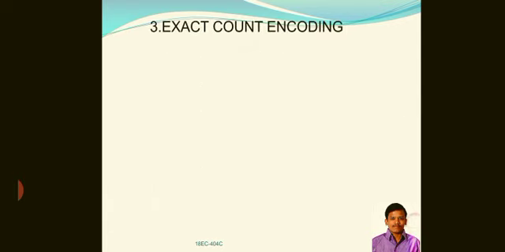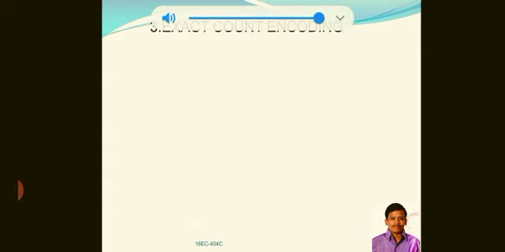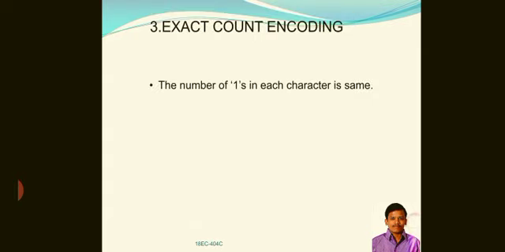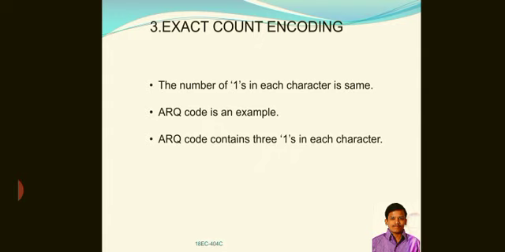Next one, exact count encoding. The number of ones in each character is the same. For example, the ARQ code is an example of this. In the ARQ code, 3 ones are present in each character.